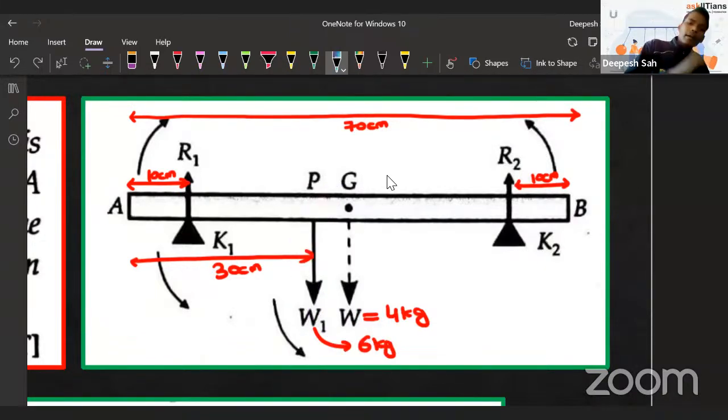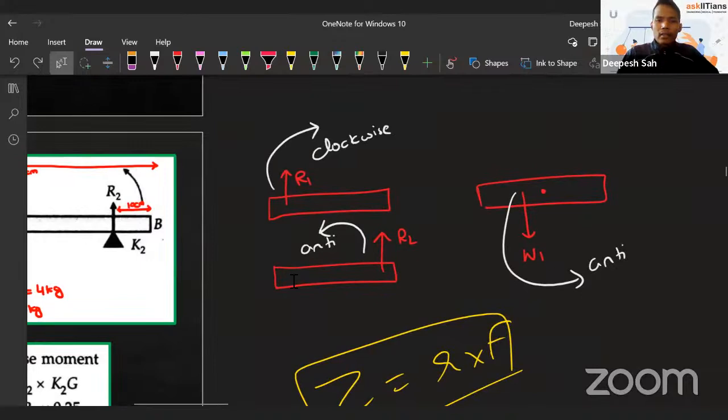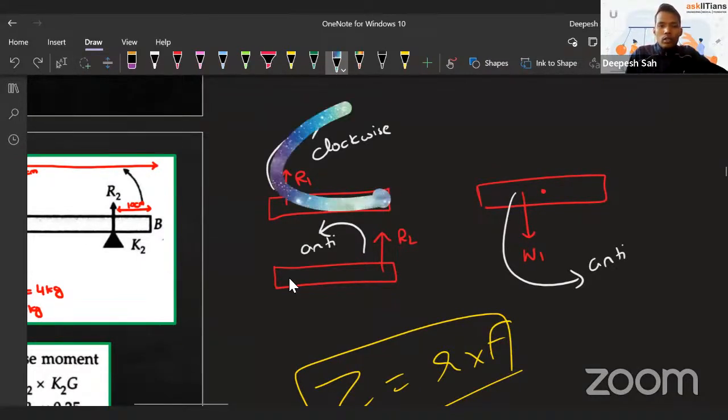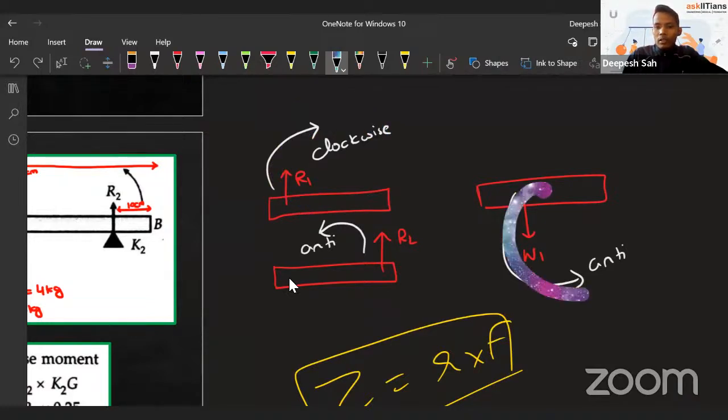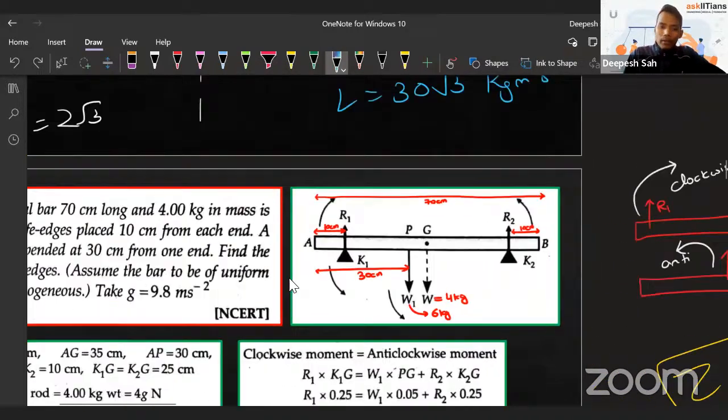Again, put the clockwise and anti-clockwise torques equal to one another, and you will be done with it. Questions are very easy. If this is the axis of rotation, this will cause clockwise; if this is the axis of rotation, this will cause anti-clockwise, like this. That's it.